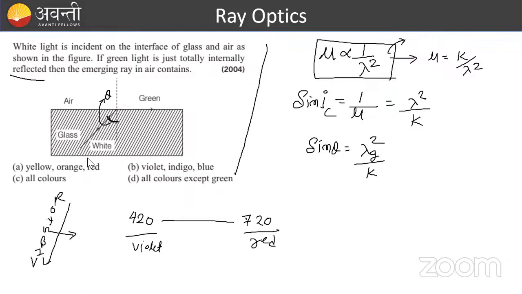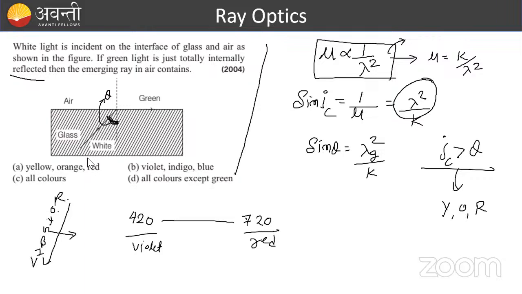And if wavelength is greater than green light, the IC value will be greater than theta for which colors of light? Yellow, orange, red. Understood?